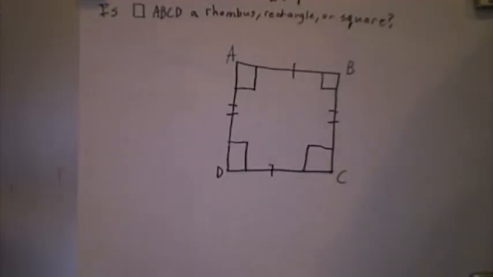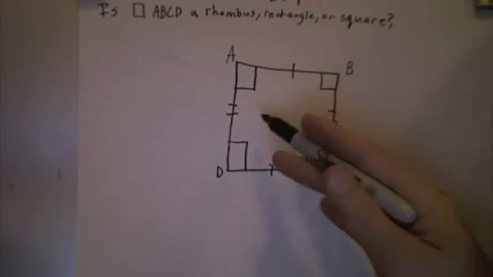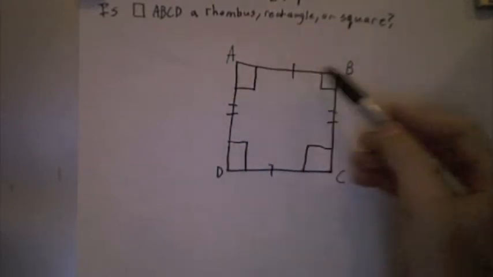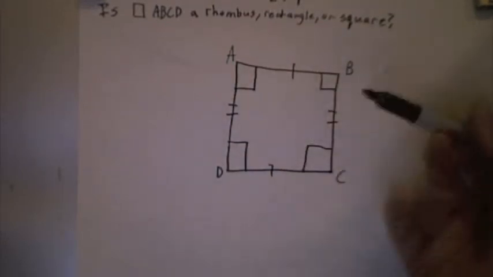Is quadrilateral ABCD a rhombus, rectangle, or square? Well, it has to be at least a rectangle or a square, because all angles are equal to 90 degrees.